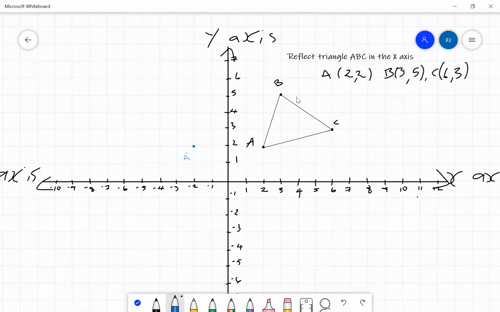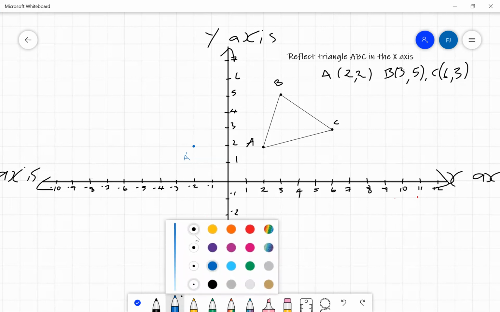Taking point B, we will measure its distance from the y-axis, which is 1, 2, 3 units. So from the y-axis or mirror line, we will count 1, 2, 3 units, and that will give us our B prime.